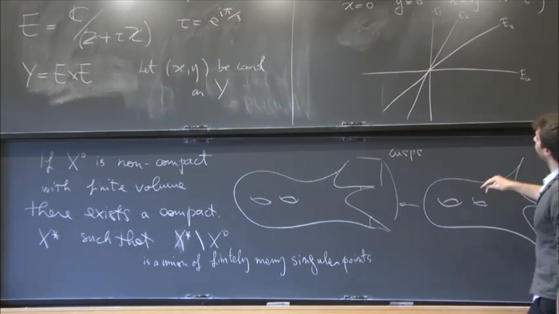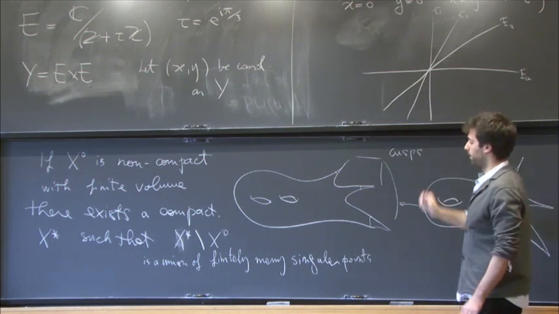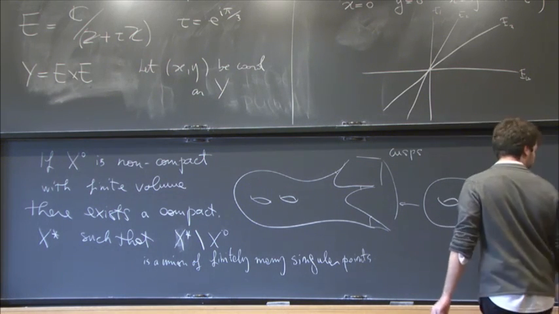Then the Hirzebruch construction is you just blow up the point here, and what you're going to get is exactly the toroidal compactification that I wanted.